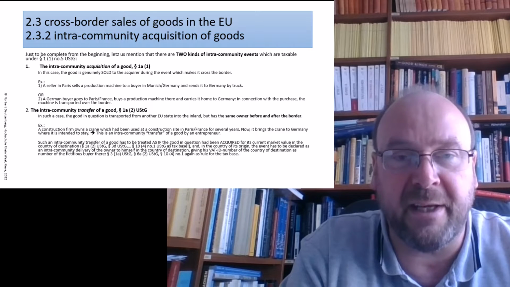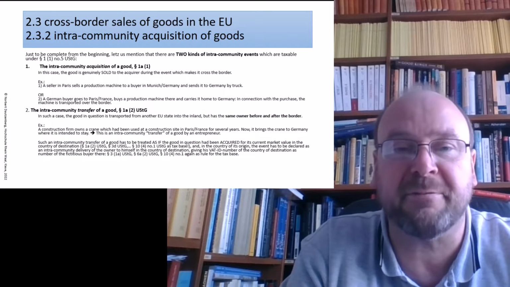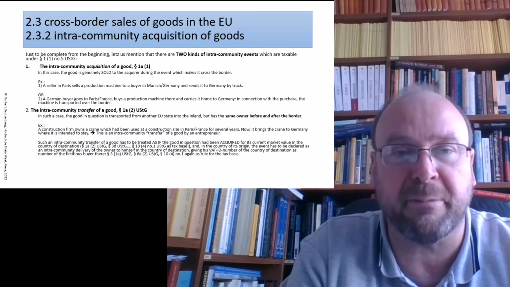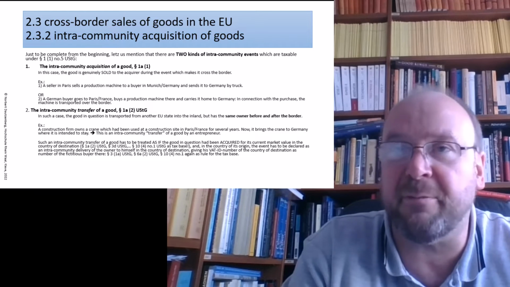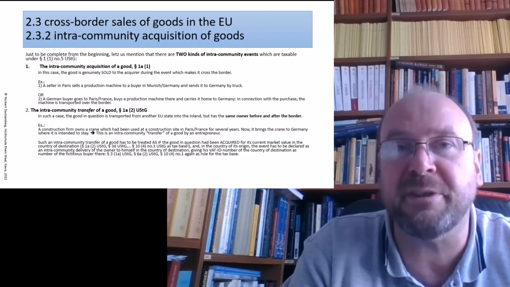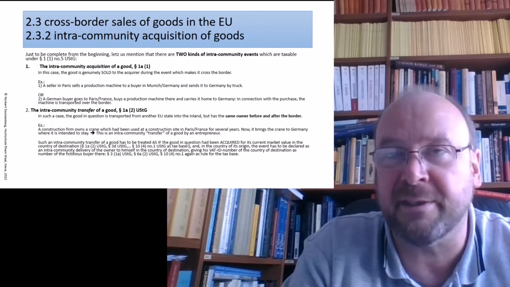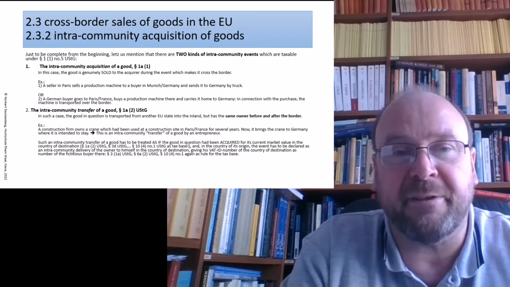So there in the other country, you will probably have to declare, not only probably, but you will have to declare the vanishing of the crane from France as an intra-community delivery from France to yourself in Germany.